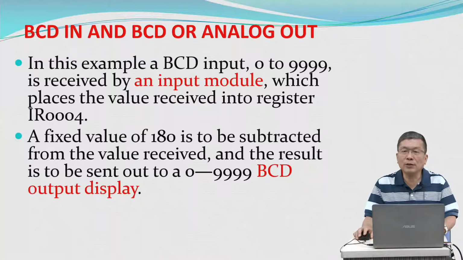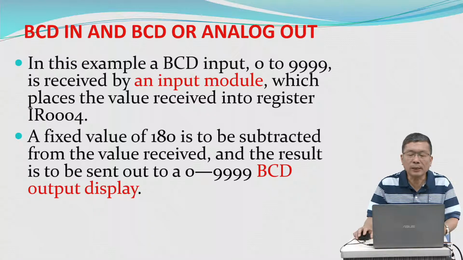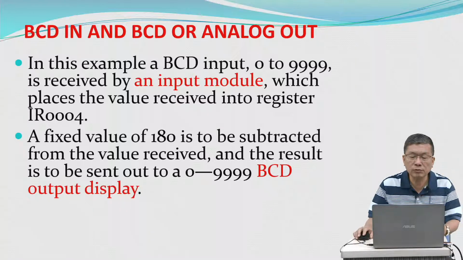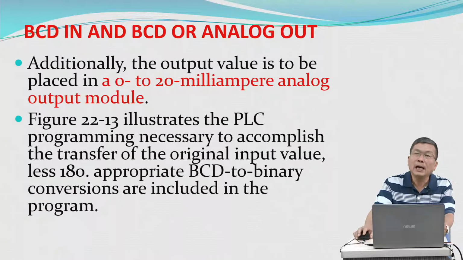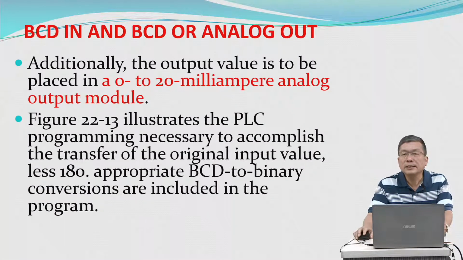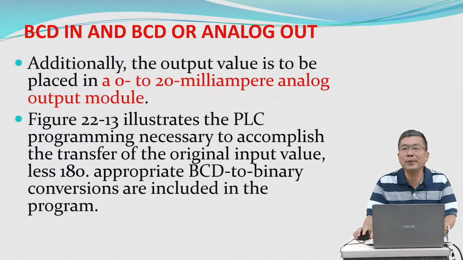A fixed value of 180 is to be subtracted from the value received, and the result is to be sent out to a 0 to 9999 BCD output display. Additionally, the output value is to be placed in a 0 to 20 milliampere analog output module.